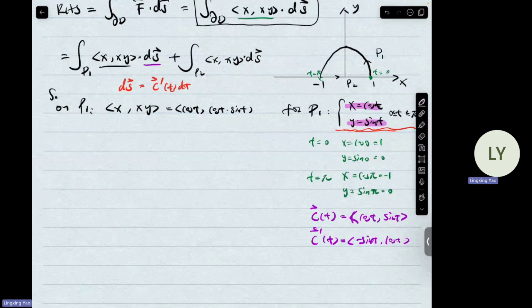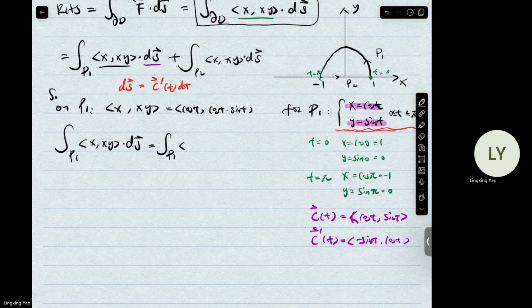The first part of the line integral here, which is x y dot c prime t dt, and obviously we replace those two by their corresponding parameterization.